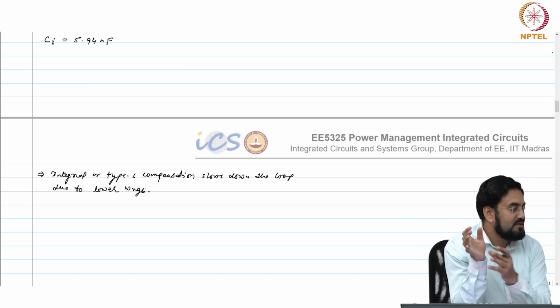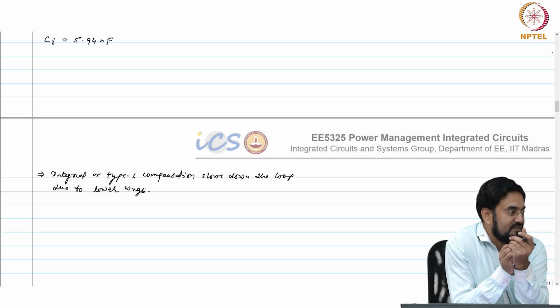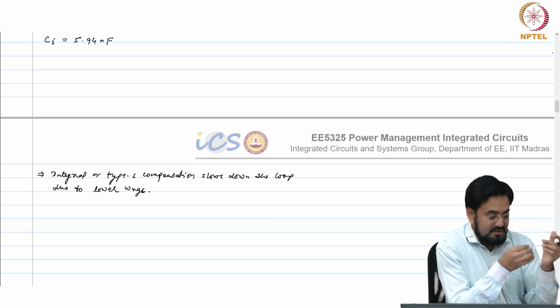You have to push your LC pole outside your UGB, and you want to have enough gain margin. So you have to kill the bandwidth, otherwise there is no option.